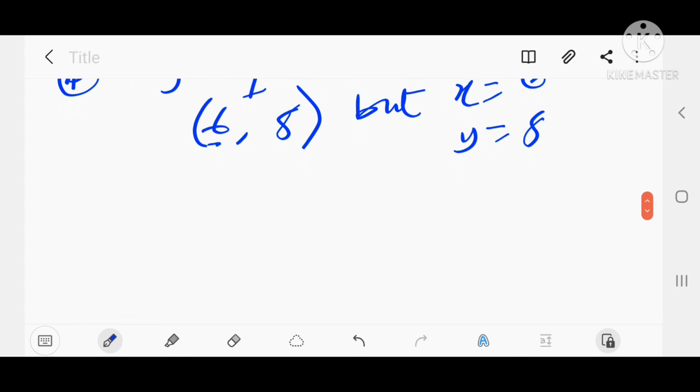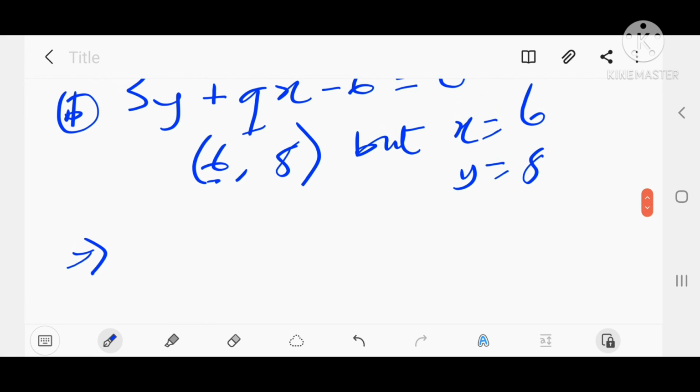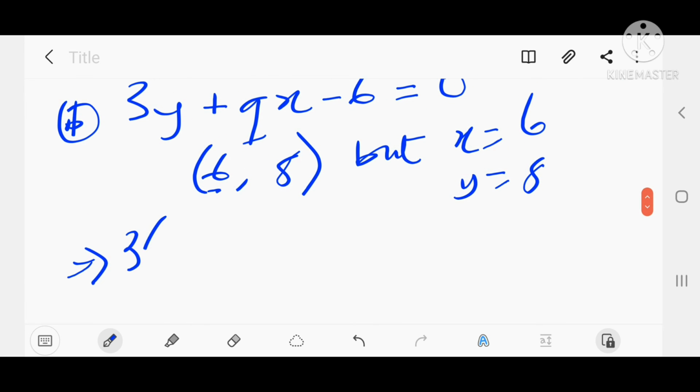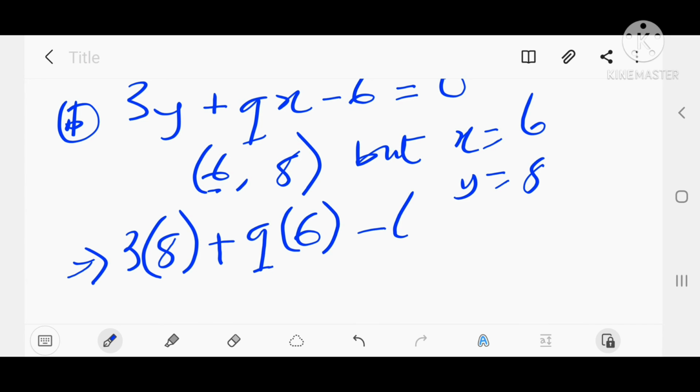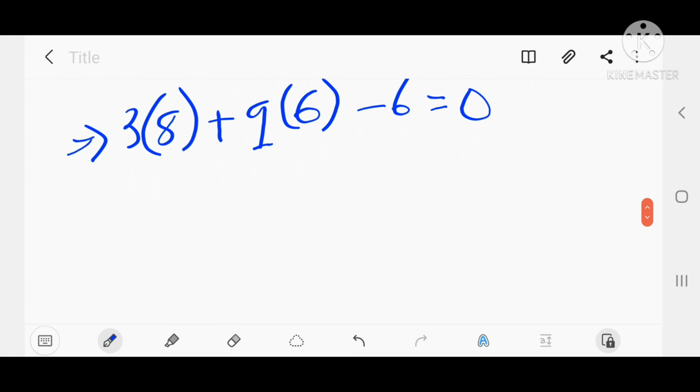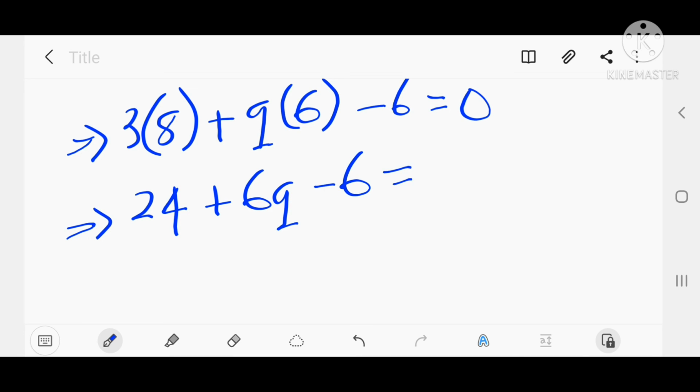So we substitute into the equation. We have 3 times the y, 8, plus q times the x, 6, minus 6 equals 0. So we have 3 times 8, which is 24, plus 6q minus 6 equals 0.